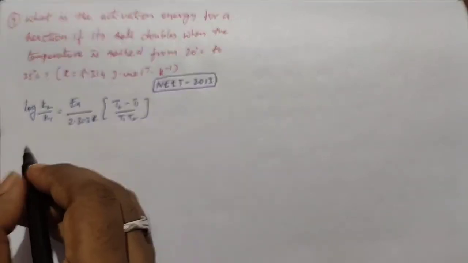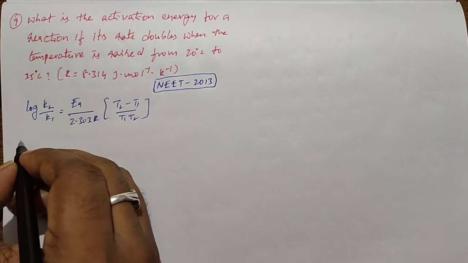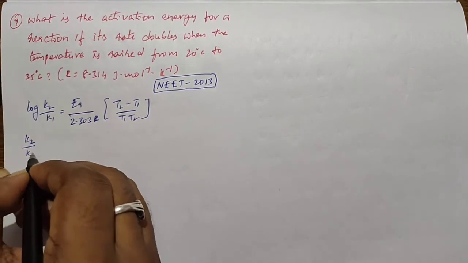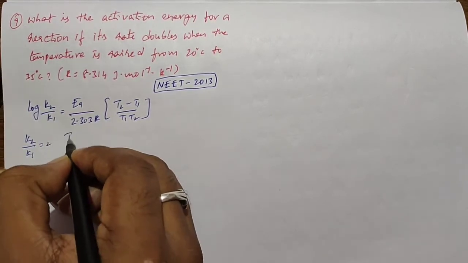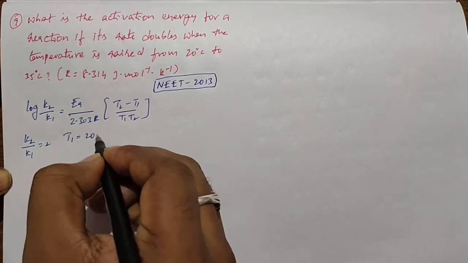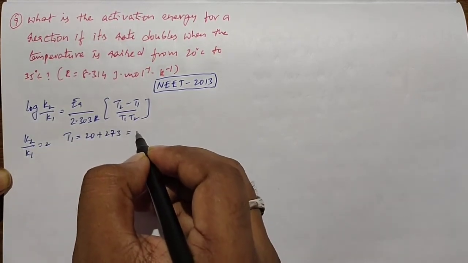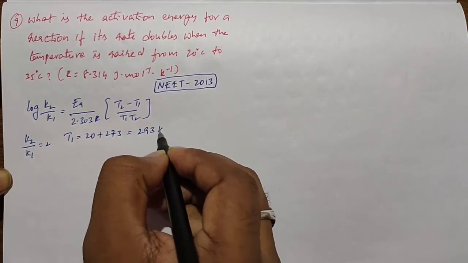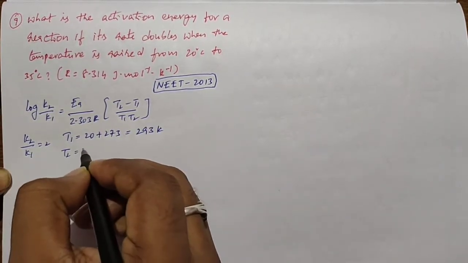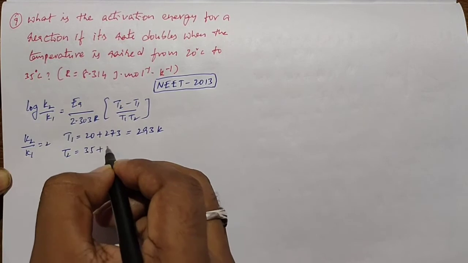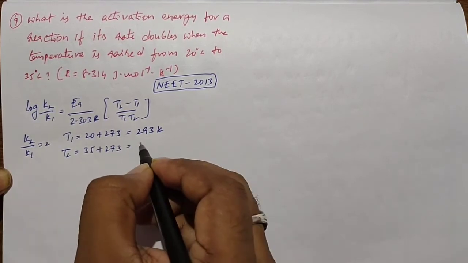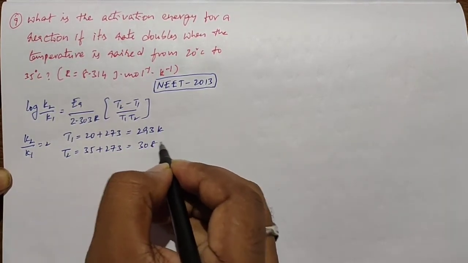First we take the information. k2 by k1 is given as 2, and T1 is equal to 20 degrees plus 273, which is 293 kelvins. T2 is 35 degrees, which is changed into kelvins as 308 kelvins.